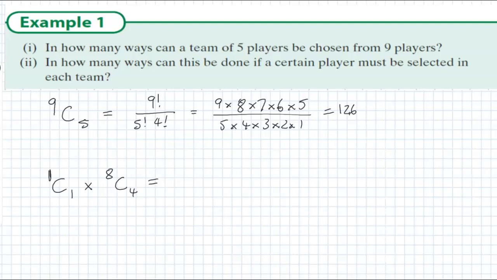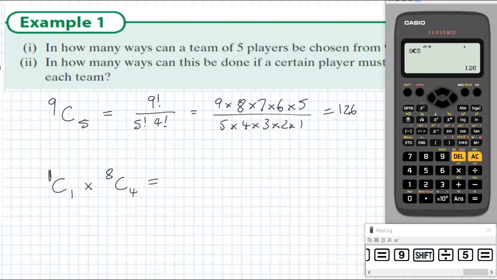So 1 combination 1. It seems like a bizarre waste of ink, maybe. How many ways can you choose one person from 1? Well, that should be fairly obvious. 1 combination 1, there is one way of choosing them.